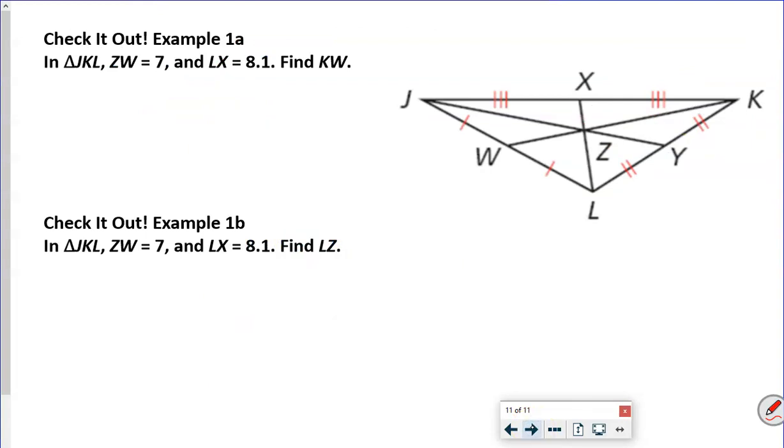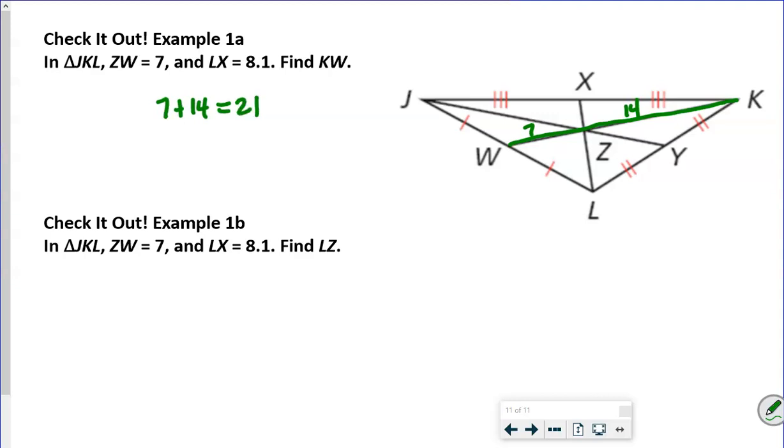Okay, so this one says JKL, ZW is 7. Now that's from the side to the center, right? So don't we know then this has got to be 14? We do. Okay? So then it says to find KW. Well, what's 7 plus 14? 7 plus 14 is equal to 21.